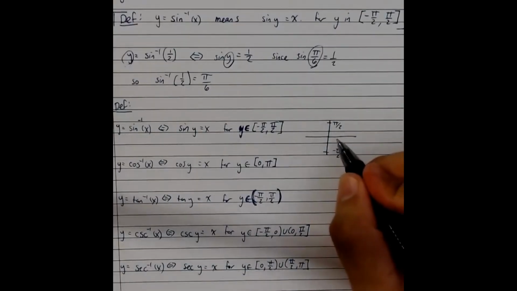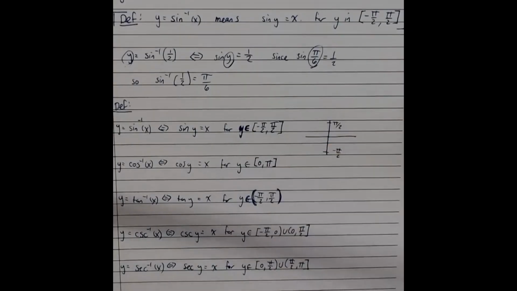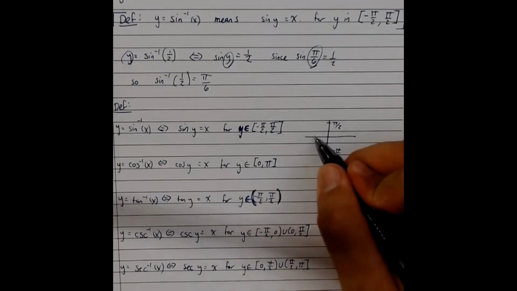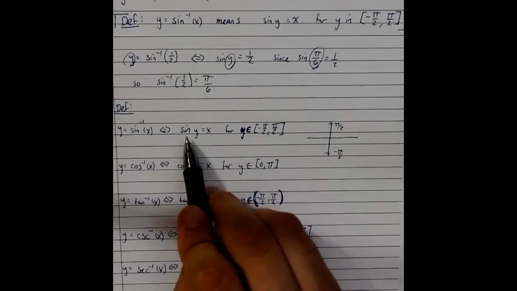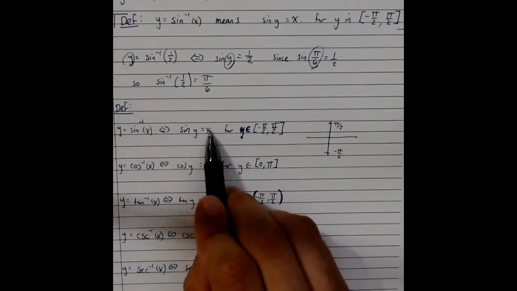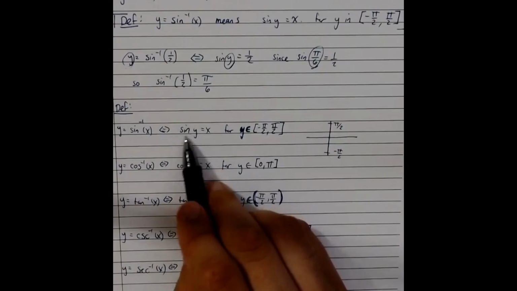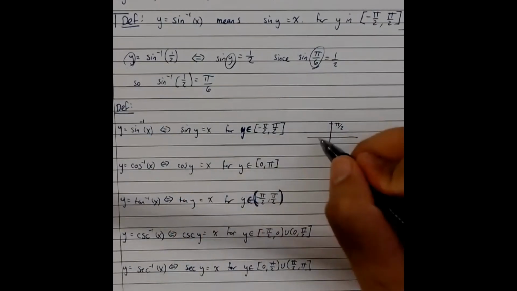Our range, that should be, oh no, that's right, that's our y values. So now our domain should be the range of the sine function. After all, the x values are the numbers that you can get by plugging y into the sine function. Well, when you plug something into a sine function, you're going to get something between minus 1 and 1. So x has to be between minus 1 and 1.